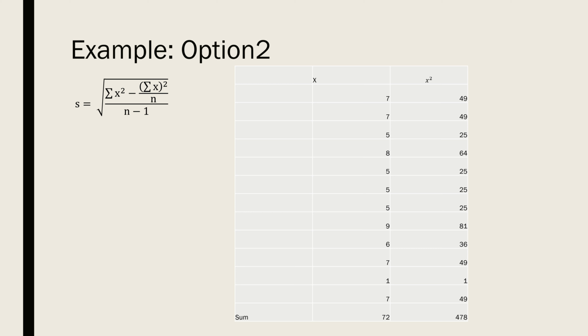Here I'm going to show you how to use option 2 to calculate the standard deviation. The first step is we want the square of all x here. So the 49 equals 7 times 7, and 25 equals 5 times 5, so on and so forth.